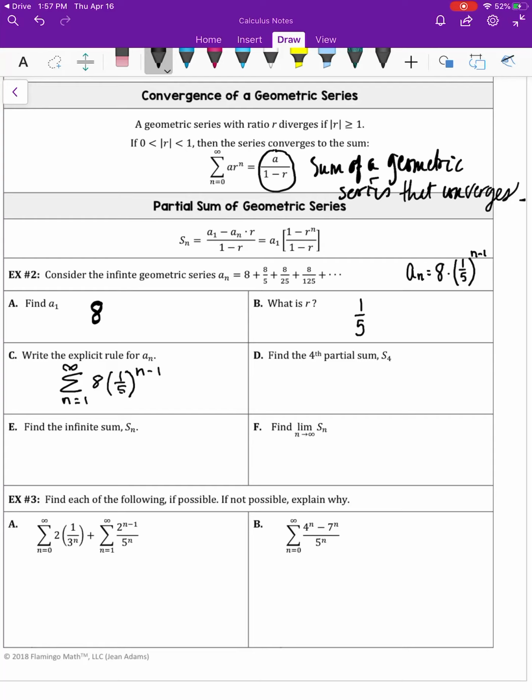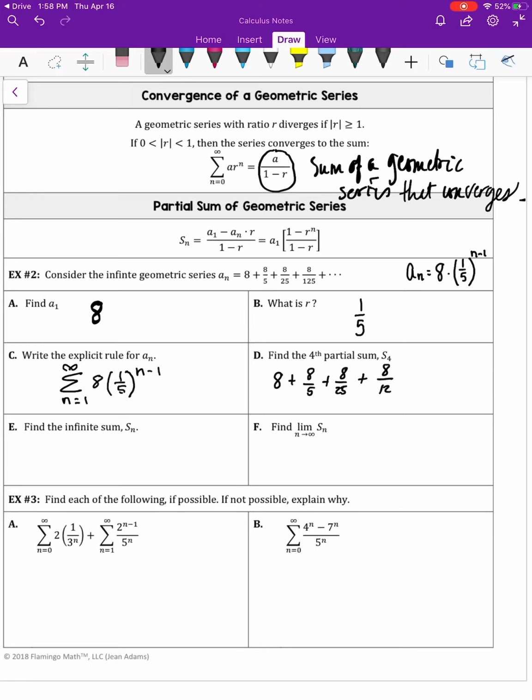Sorry about that, my pen is being weird. Okay. And so that would be our explicit rule. We could find any a sub n that we wanted there. If I wanted a sub 100, I could find it. That's explicit.